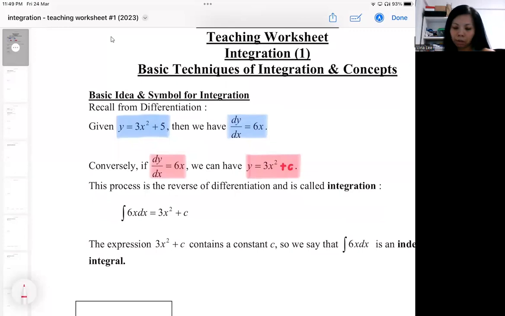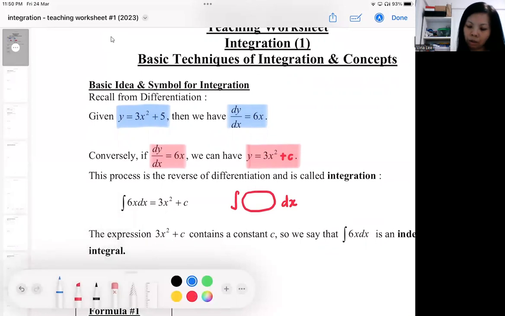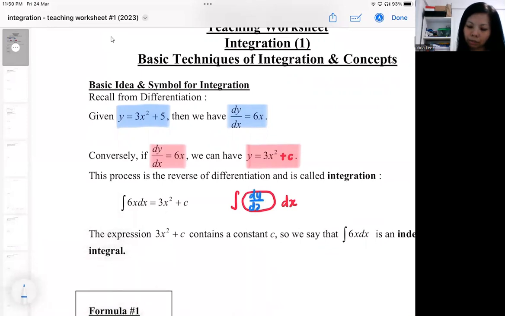And the symbol will be something like this. I show you the structure first. Basically we have a curly tail symbol, and then we have a dx symbol. In between these two symbols, it's like we are putting a dy dx here. Can you see this one is the dy dx? And then it will be equal to the expression for y.